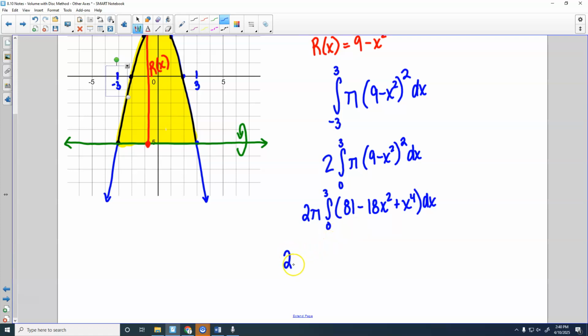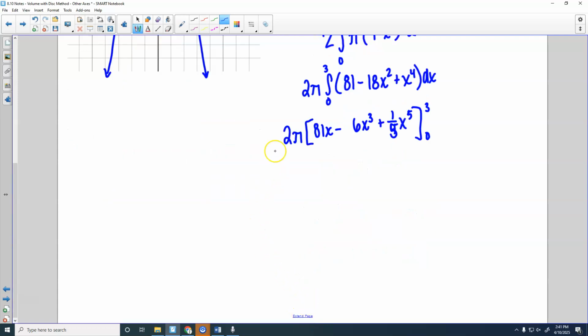And we would integrate: 81x minus, let's see, 18 divided by 3 is going to be 6, x to the third, plus 1/5 x to the fifth. And we're evaluating that from 0 to 3. And so I would get 2 pi. It still might be more than I'm willing to do without a calculator.